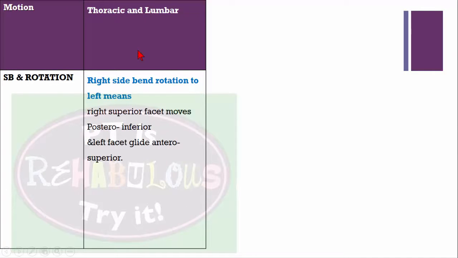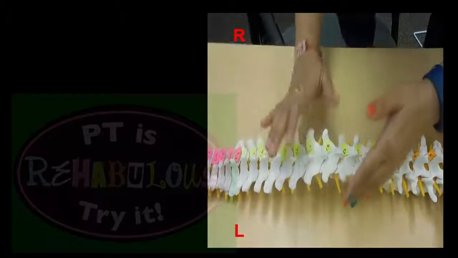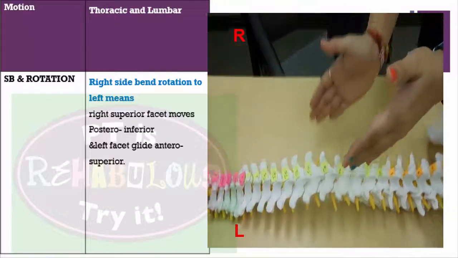Now we are going to learn the thoracic and lumbar spine basic biomechanics review for side bending and rotation. Let's learn this on the spine model, to see side bending and rotation.